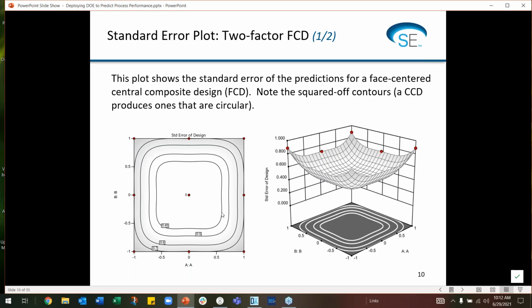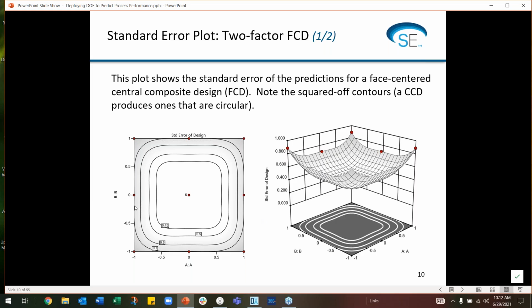You can follow this contour line. And then the next contour line is a standard error of 0.5, and the next 1.6, the next 1.7. And we can look at this in 3 dimensions over here, and you can see that this is like a topographical map. Wherever we have lower standard error, that's where we're going to have more precise predictions.